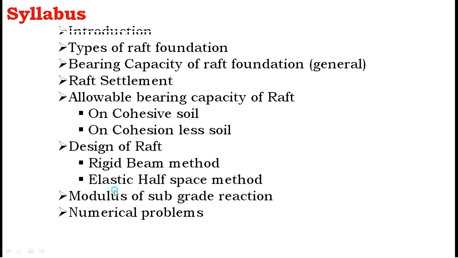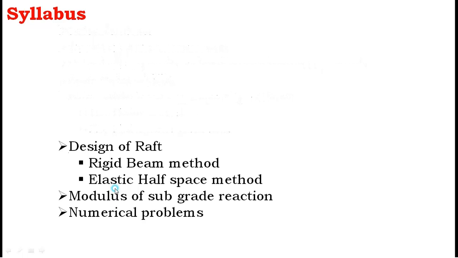Coming to the next chapter, now we will discuss design of raft. For design of raft we have two different methods: the conventional rigid beam method, and the elastic half space method, which we also call the elastic method, spring analogy method, or Winkler's method.